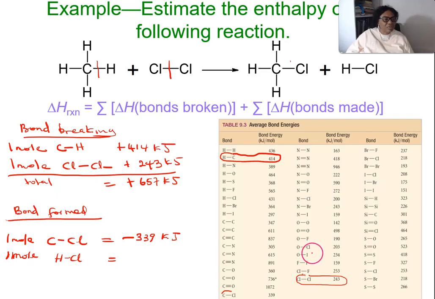Let's find out where hydrogen-chlorine is. Okay, this is hydrogen-chlorine. It's minus 431 kilojoules. Let's get the total.